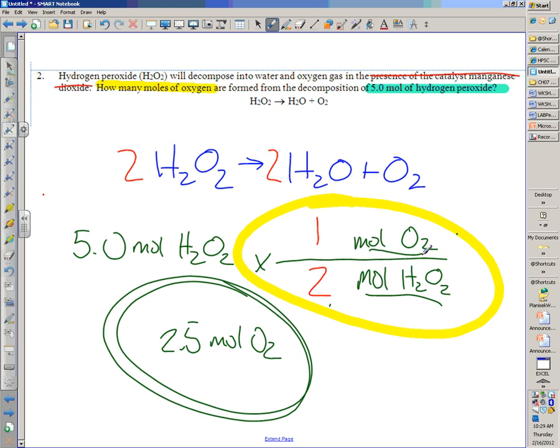In order for me to get 1 molecule of oxygen, I need to start with 2 molecules of hydrogen peroxide because the other parts break down into water. The coefficients tell us the ratio between the reactants and the products. So when I'm setting up this conversion factor, the mole ratio, I'm looking at the coefficients for those specific formulas, because that allows me to make a comparison between one part and the other part of that reaction.